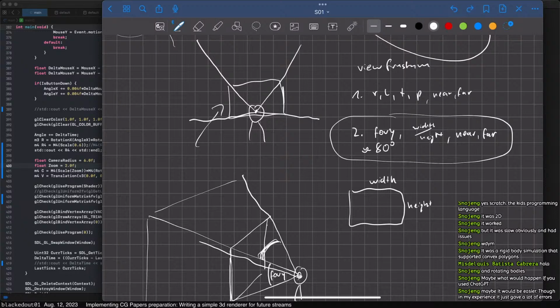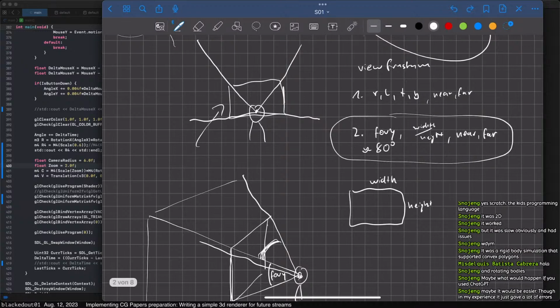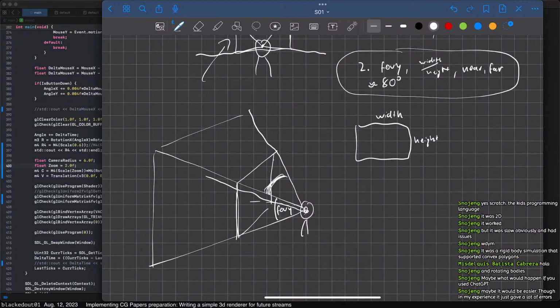Like if you just sat in front of your computer screen, you would wonder, I think, what is R, what is L, what is T, what is B. But when using this description here, it's a bit easier because you can just assume your distance would be some amount of centimeters, and then you can just assume this to be, for example, 80 degrees or something.